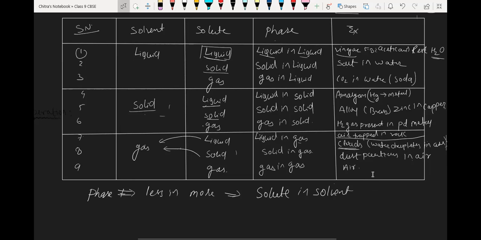Okay, see that is going to be an example of solid in gas, because water which is present in ice form is solid. So solid in gas.